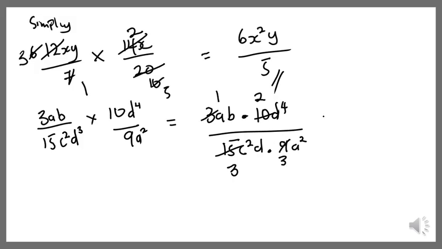So what do we have now? Let's break it down. Now we have ab multiplying 2d exponent 4 all over 3c squared d cubed multiplying 3e squared.